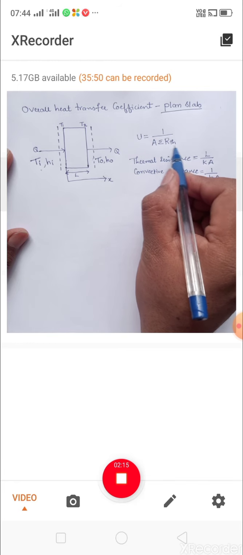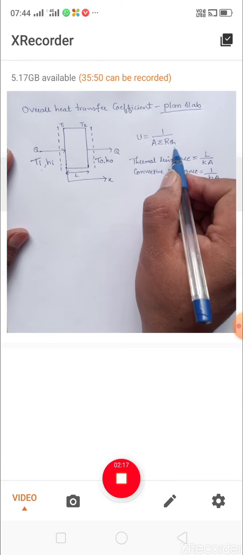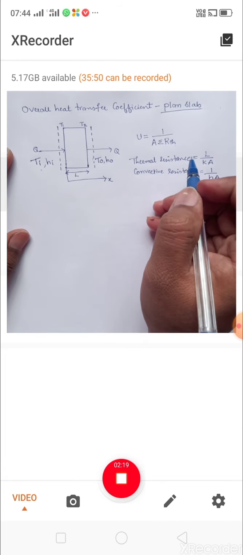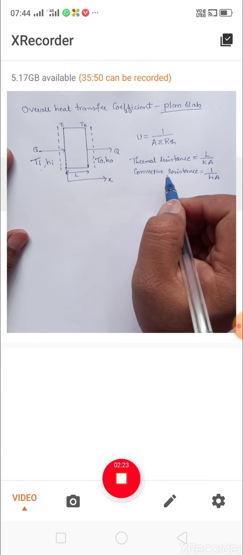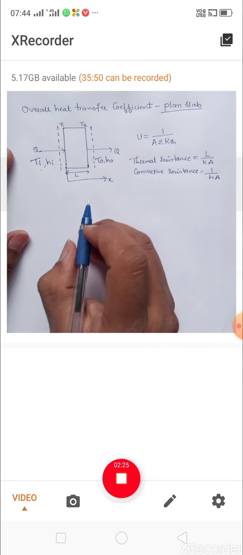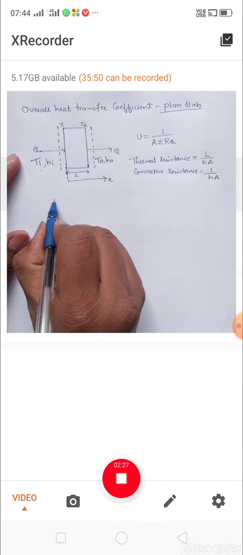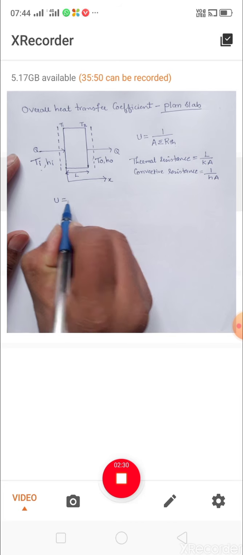And this sigma of thermal resistance is the addition of all the thermal resistances, that is convective thermal resistance plus conduction thermal resistance plus convective thermal resistance. So let us write the overall heat transfer coefficient.